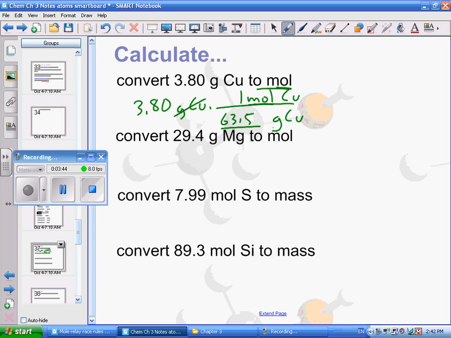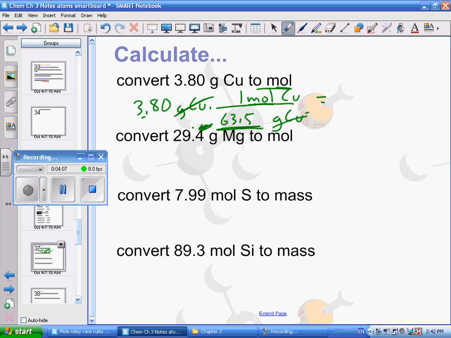Now, grams has to cancel out with grams here. The number that goes here is the molar mass from the periodic table. So all I got to do is look at this on the periodic table, and I'll be able to determine what the molar mass is.